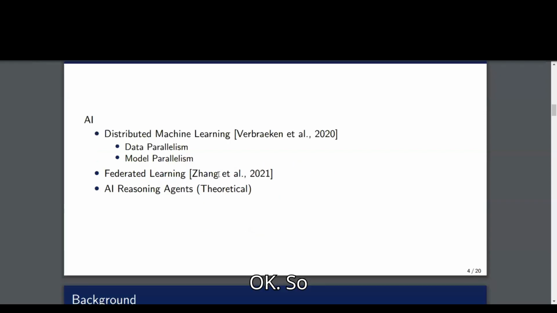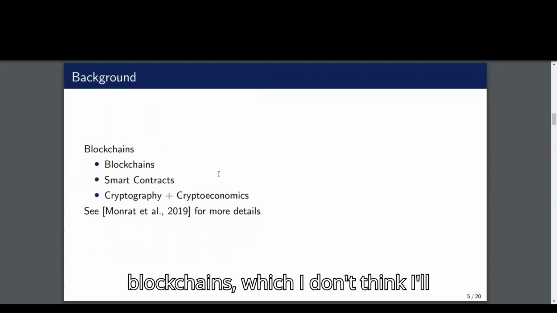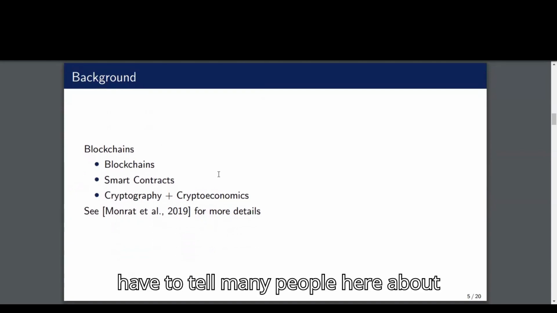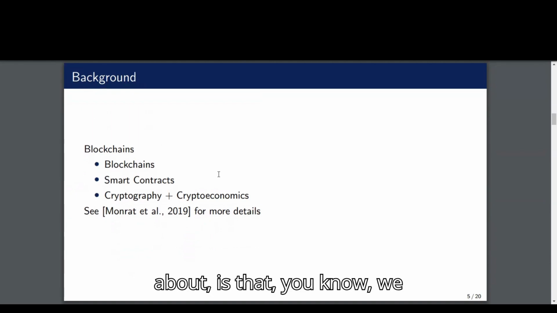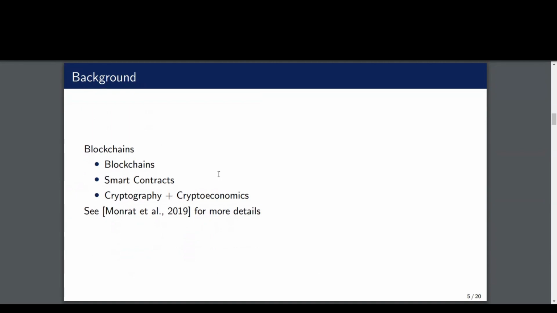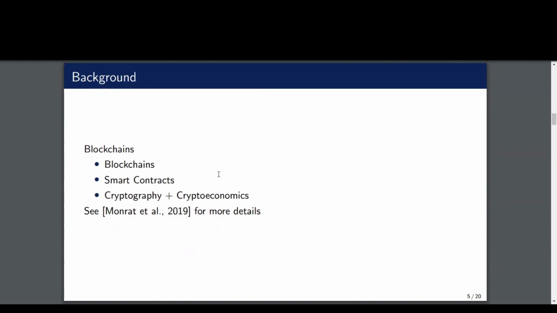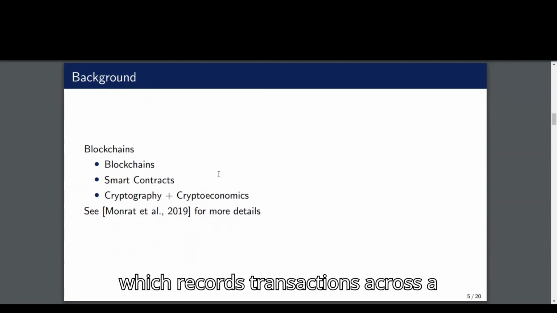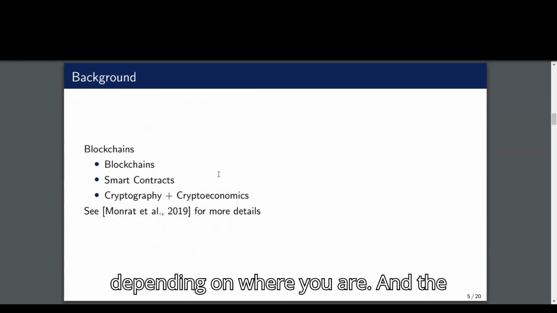Okay. So, the second part of the background, blockchains, which I don't think I'll have to tell many people here about, is that we start with a blockchain, which is a distributed ledger technology that records transactions across a network of operators slash validators, depending on where you are.